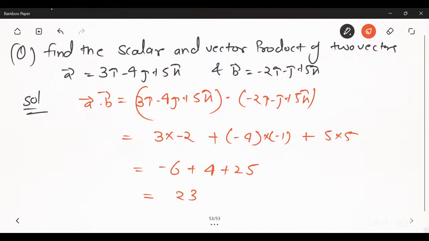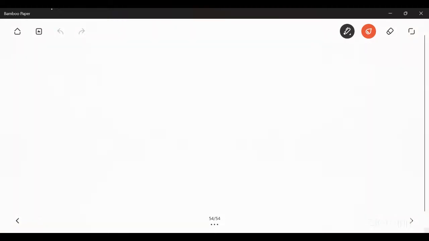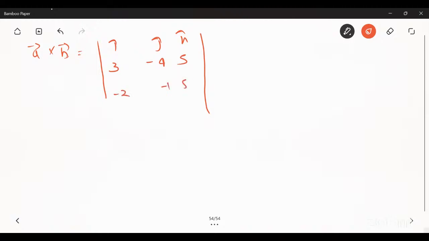Now come to the next one, that is your vector product. So vector product A cross B. How can we find the vector product? Firstly, we have to take the mod of i, j, k. Now write the terms beneath it: 3, minus 4, 5, and here minus 2, minus 1, 5.